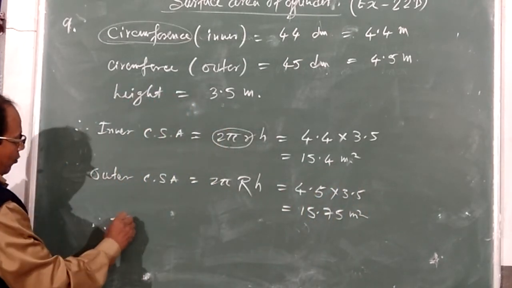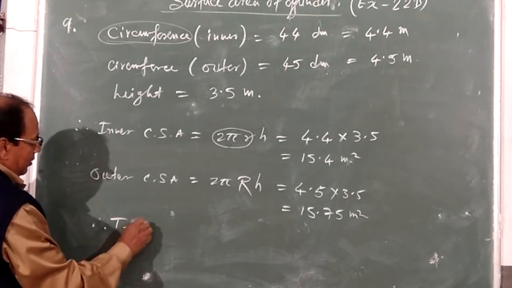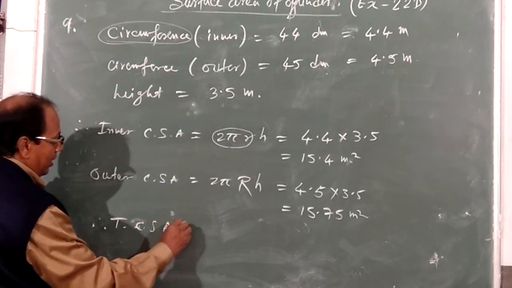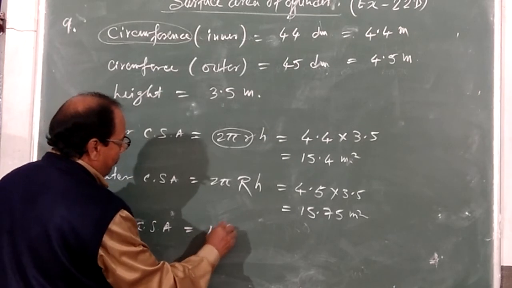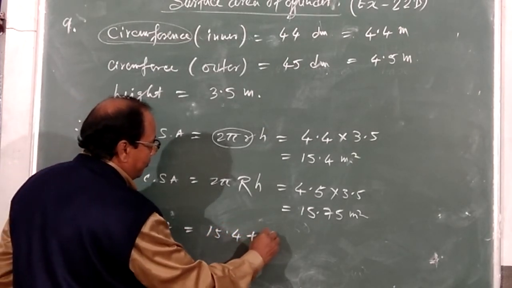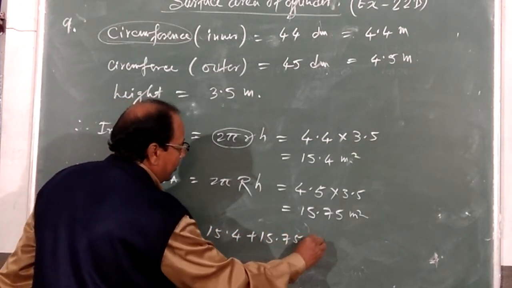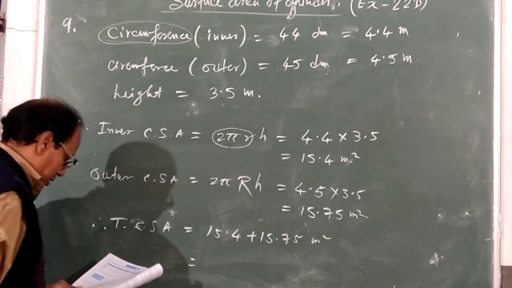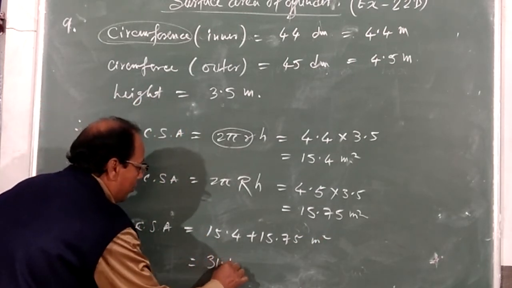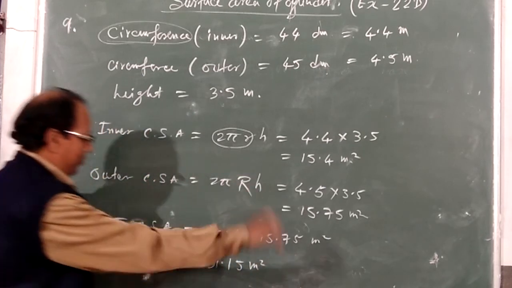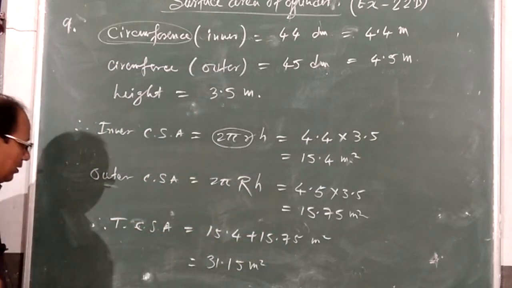Therefore, total curved surface area equals 15.4 plus 15.75 meter square is equal to 31.15 meter square. Okay, so the last line will be the answer line.